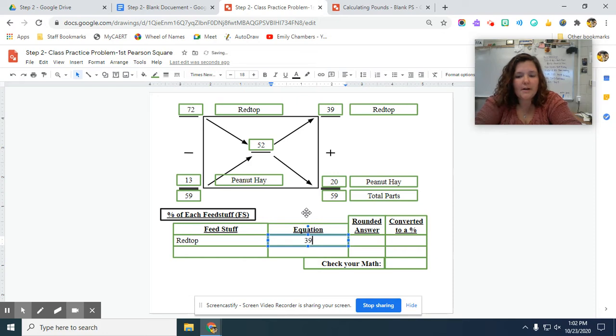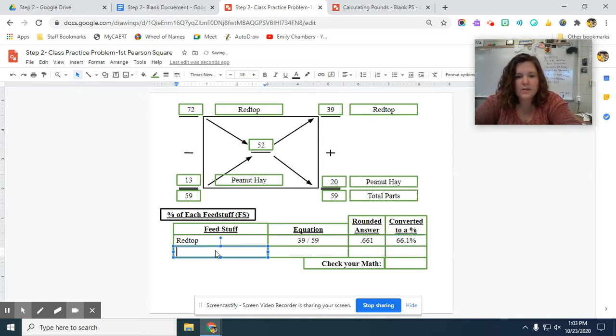So 39 divided by 59. And our answer is going to be 0.661. Converted to a percentage, we got 66.1%.